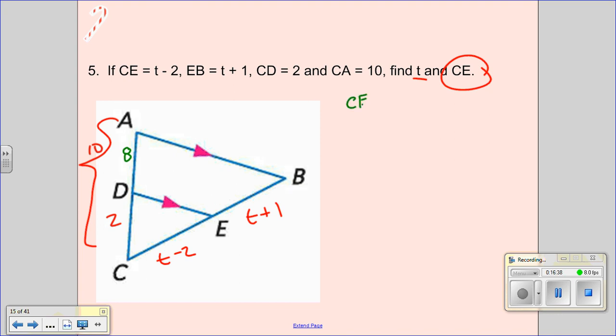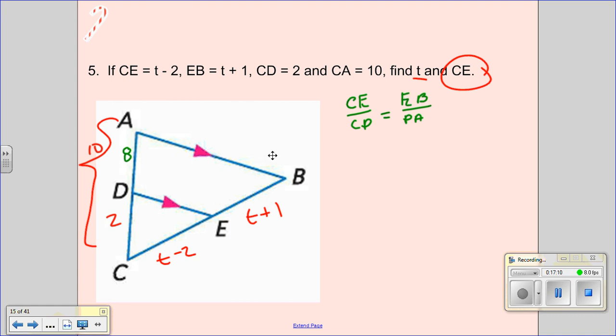So CE, top, is to CD, top right, as EB, bottom left, is to DA, which is bottom right.